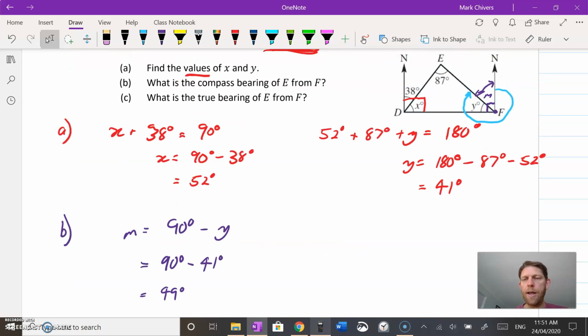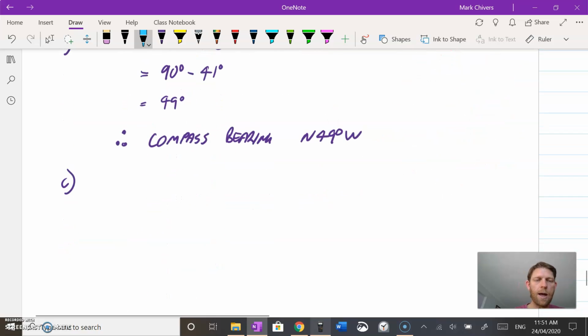You could work it out by saying 360 minus M, or we could work it out by going 270 plus Y, because it's 270 degrees around to the east-west line, and then it's another 41 degrees up to that line. I'll do that as option 1 and option 2, so you can see both ways work out the same.